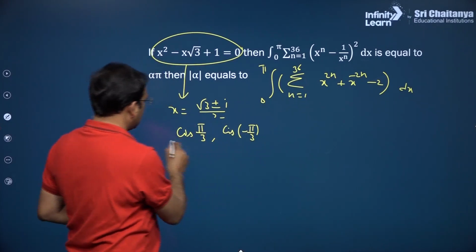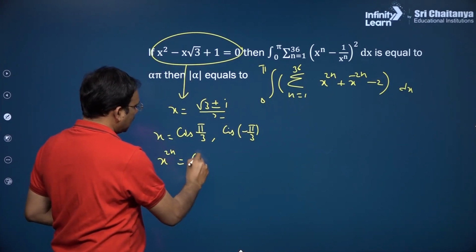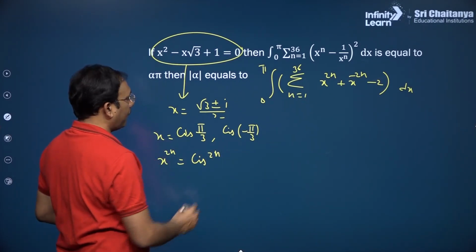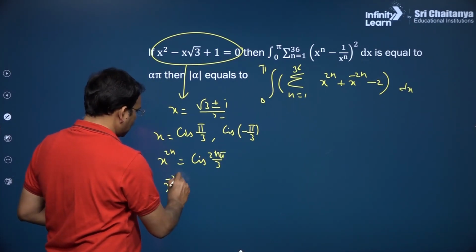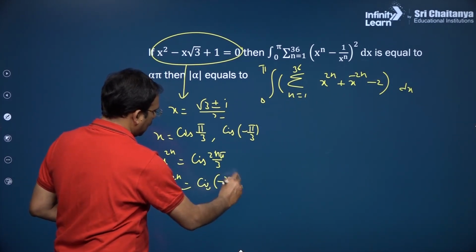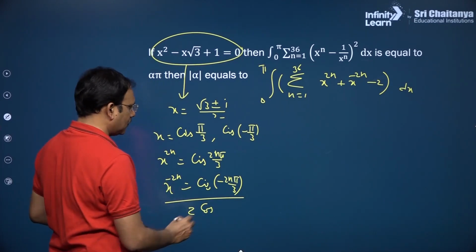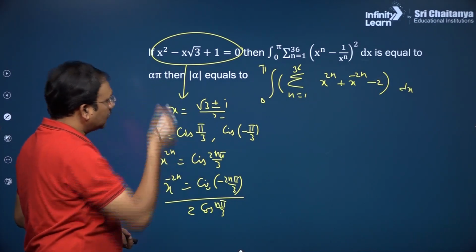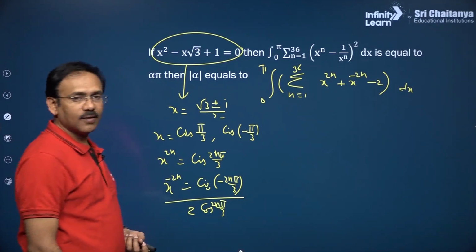My dear friends, x is cis pi by 3, so x power 2n means cis of 2n pi by 3, and x power minus 2n is cis of minus 2n pi by 3. Sum of these two is going to be 2 cos of 2n pi by 3.